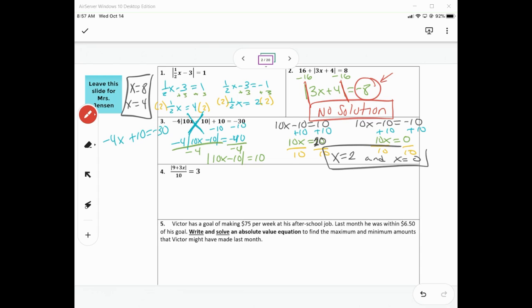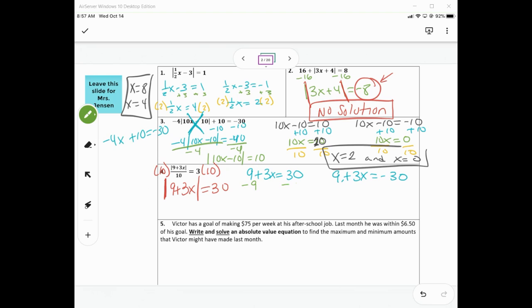For 4, right now the absolute value is being divided by 10, so the first step would be to multiply by 10. Then set up 2 equations, the positive and the negative.